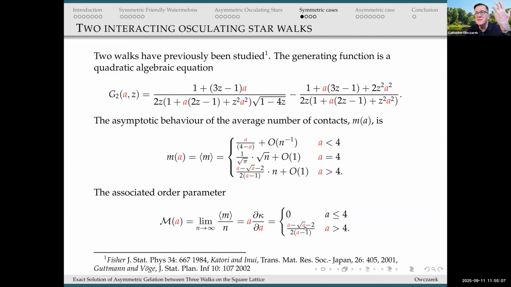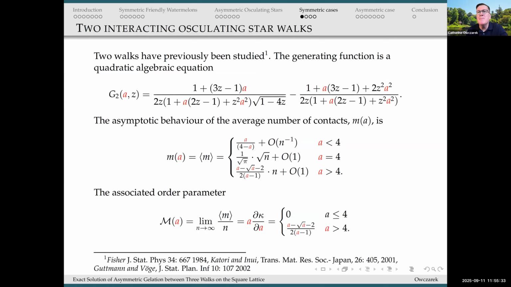It has 2 phases, depending on whether M, in this case the average number of contacts between the 2 walkers, is 0 thermodynamically or some value which you can calculate. And this goes back to work by Michael Fisher, but also Prellberg and Owczarek in 2001 and Guttmann and Vöge in 2002. So they all contributed to this solution.